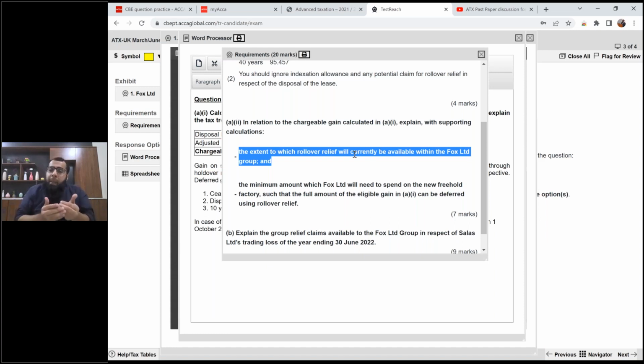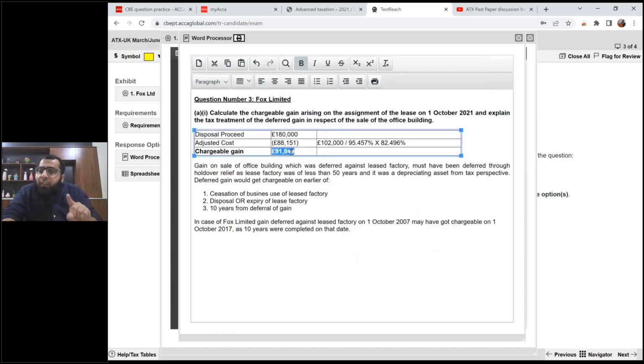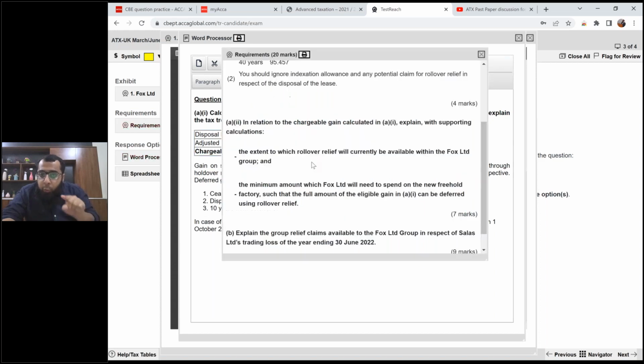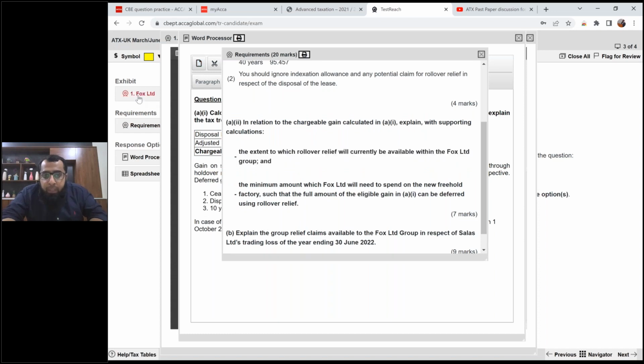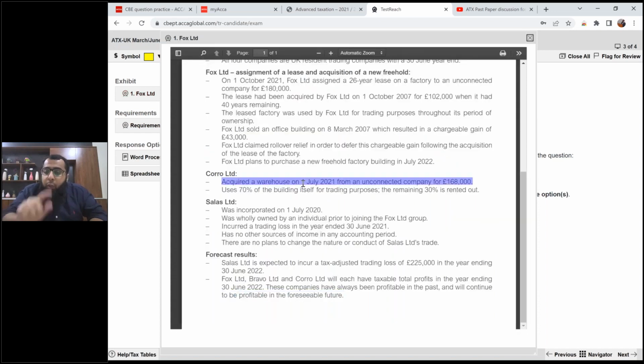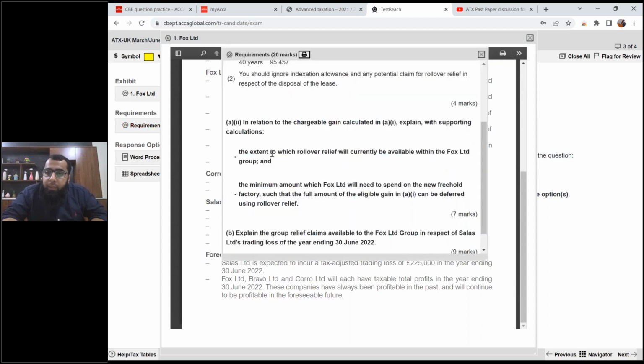Now, what you need to remember is that either you can invest or your group company can invest. Now, Fox Limited has made a disposal. There is a gain of 91,849. If you remember the question, the group company Coro Limited is making an investment.